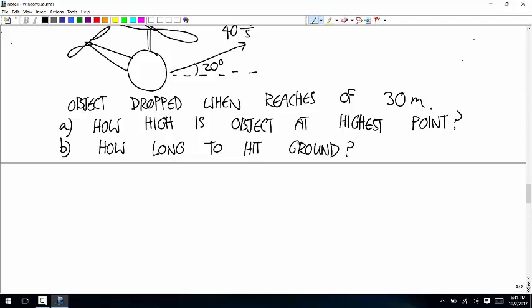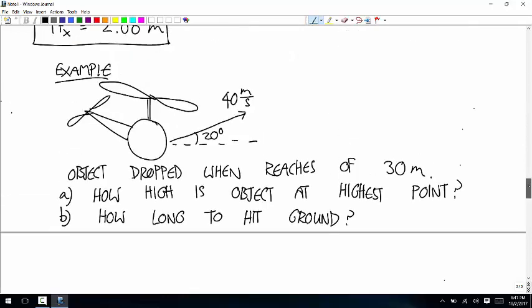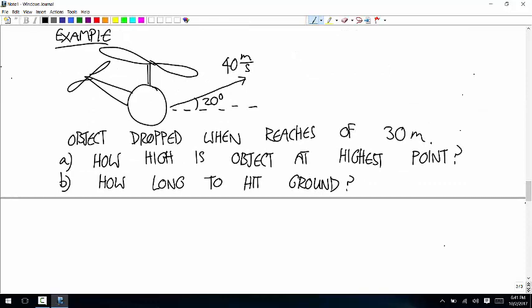Okay, so before you start working on this, let's talk about your intuition about what's going to happen here, because I think for a lot of people, you see that first question, part A, and you think, well, the highest point it's going to reach is when it's dropped, because you're 30 meters up in the air, you drop this object, it's going to fall down.